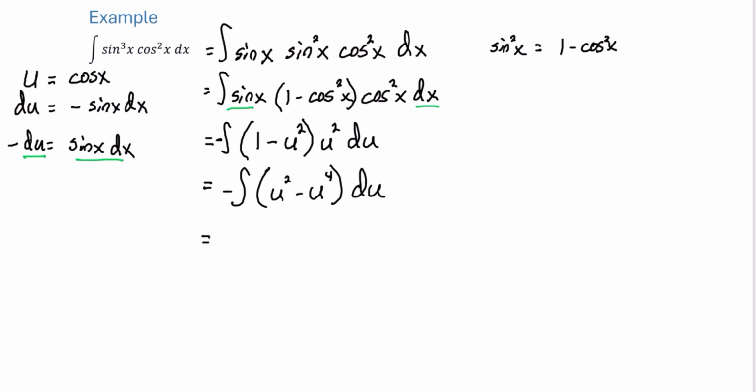Now we'll integrate. The integral of u squared is 1/3 u cubed minus 1/5 u to the 5th. All of this is plus c. Let's then distribute the negative sign.